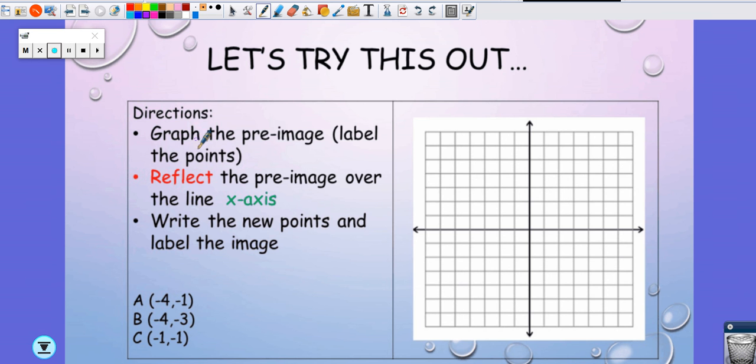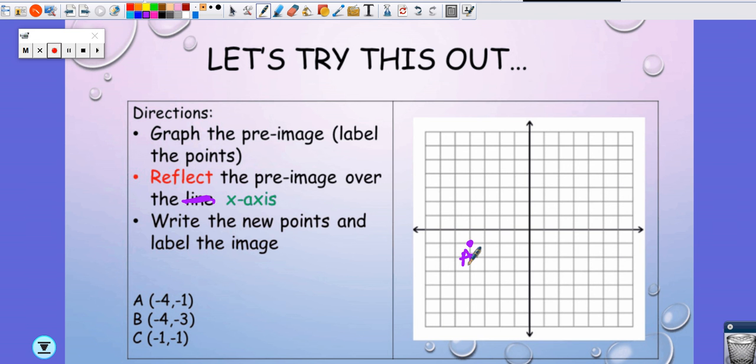So here it says graph the pre-image and label the points, and then reflect the pre-image over the x-axis, then write the new points and label the image. So here's what I'm going to do. First I'm going to graph the pre-image. I'm going to go 1, 2, 3, 4, -4, oops, messing up, -4, -1.